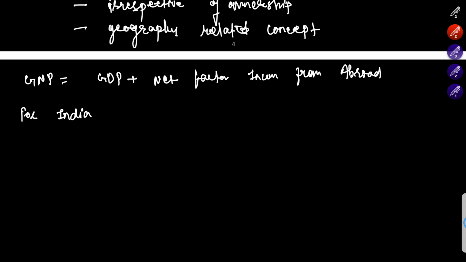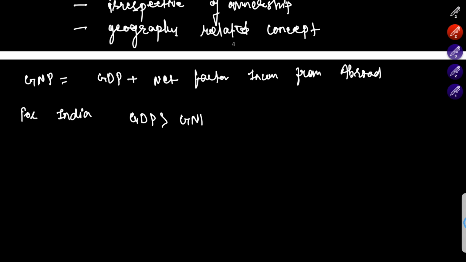So for India the net factor income from abroad is very low, so we have to keep GDP to calculate the national income over GNP.